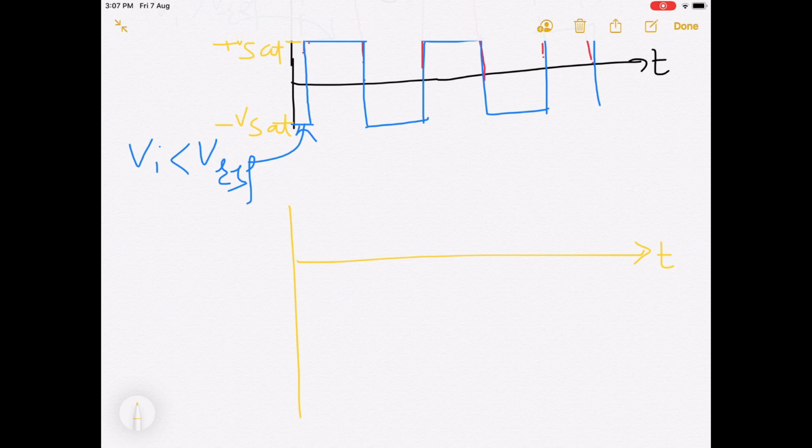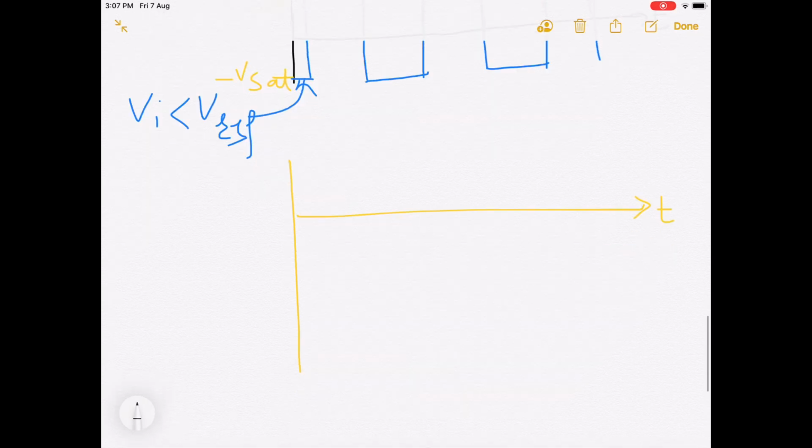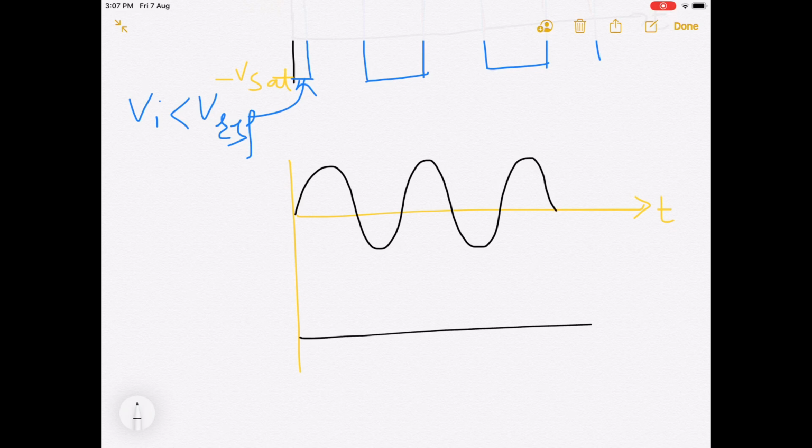Here we are applying a sine wave, this is your Vi which is variable, and your V reference is the same DC voltage of 1 volt.